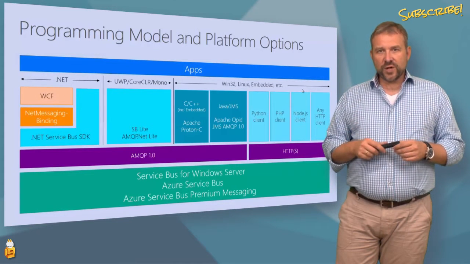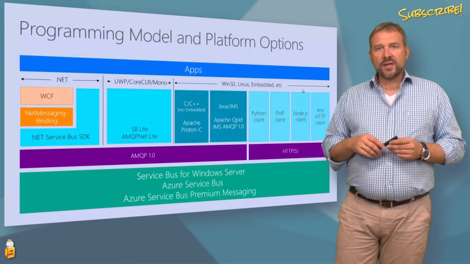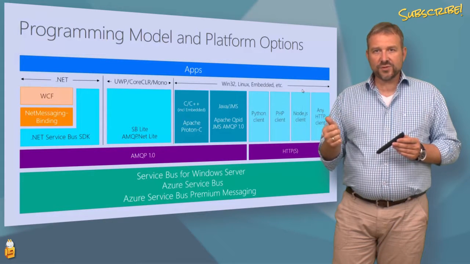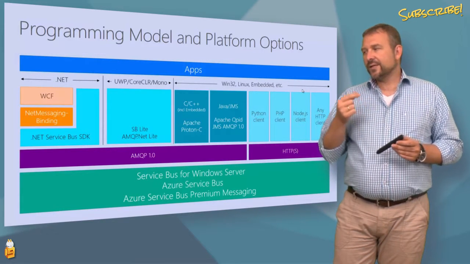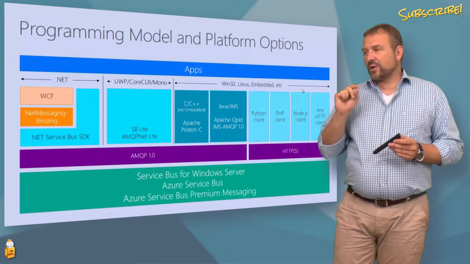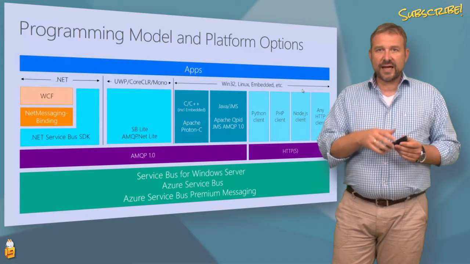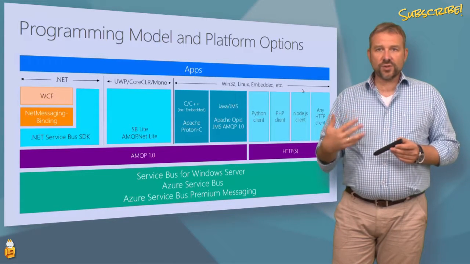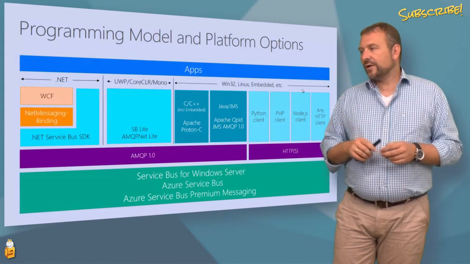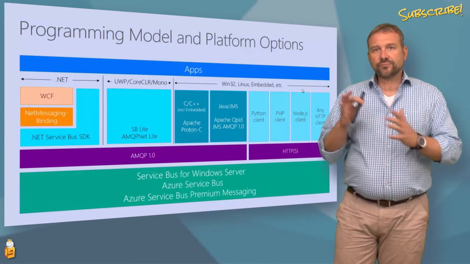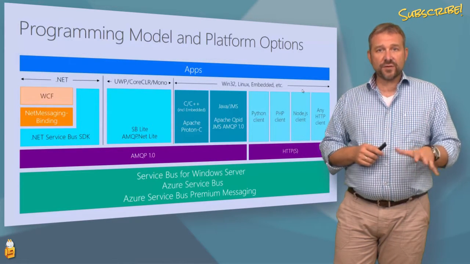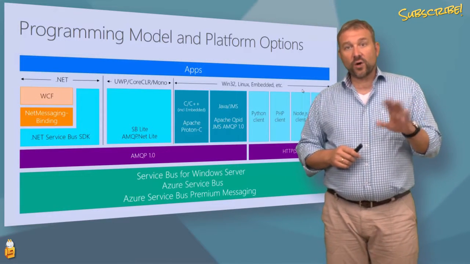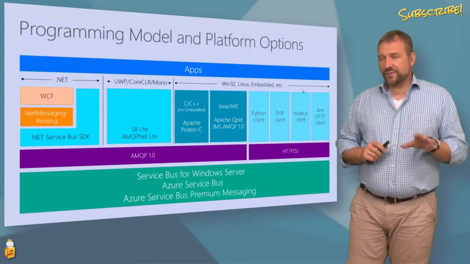That's an open source project that's run by our team, and that is for .NET and supports the Universal Windows Platform, so Windows 10 and Windows 8 for store apps. It also supports Windows 10 IoT Core, of course. It supports the Core CLR, so the new open source version of the CLR 5.0. It supports Mono, and also supports the small embedded versions of the .NET framework, namely the Compact Framework and also the Micro Framework. That's for AMQP.NET Lite.